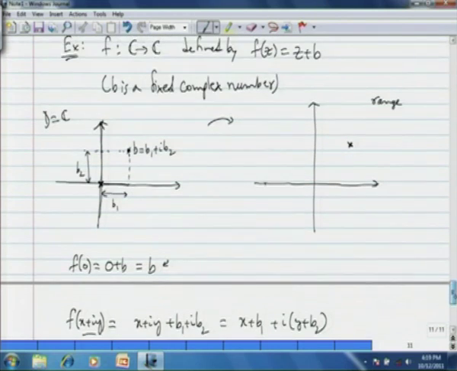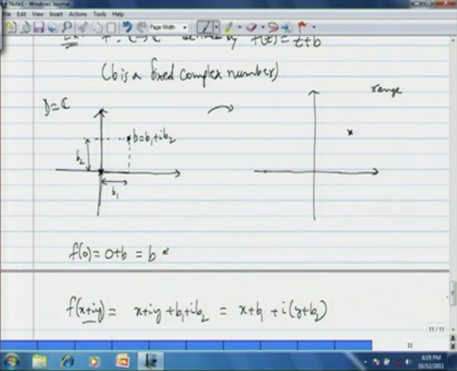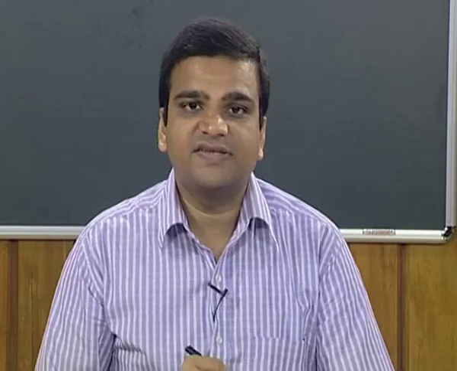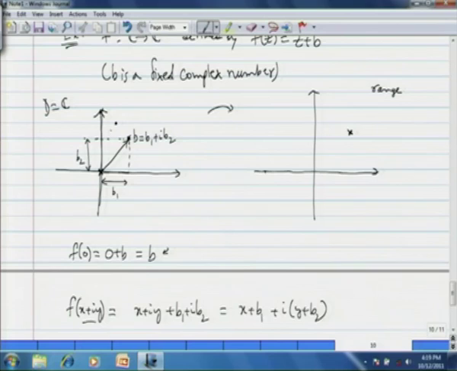What that means is that if you imagine this point b in the domain here to be the end point of a vector which starts at the origin, then take any other point, let me say that is x plus i y. So, imagine the vector b starting at the point x plus i y. Here is the vector b starting at the point x plus i y.